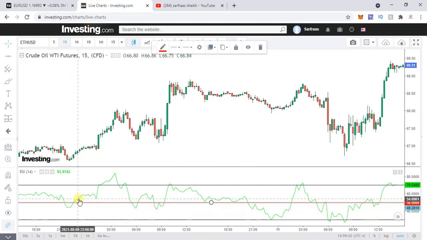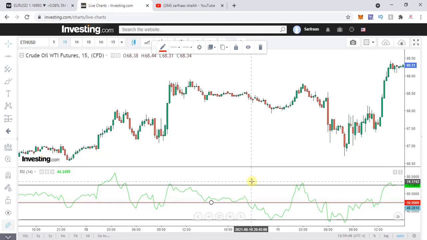So whenever your RSI is above the 50 value, so this red line denotes it, that means the market has an upward momentum. And when the RSI is falling below the 50 line, like we were seeing the overbought and oversold, no doubt, but for trades you can consider this, when it's falling below this, you're going to see a momentum.